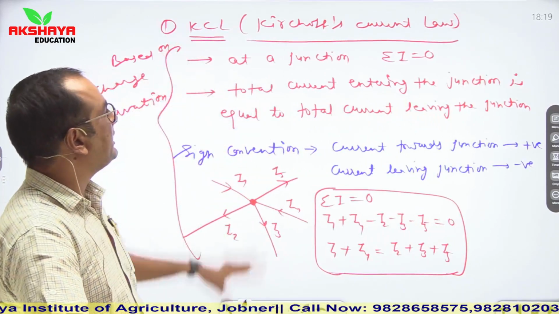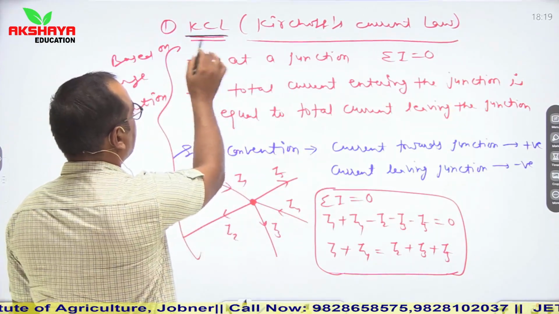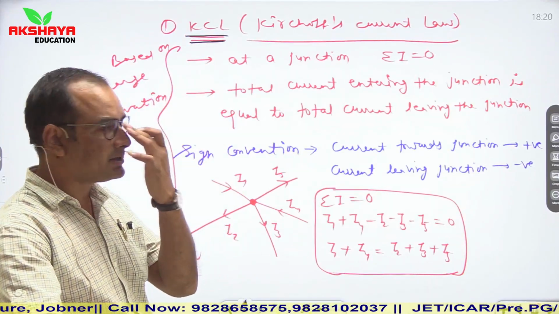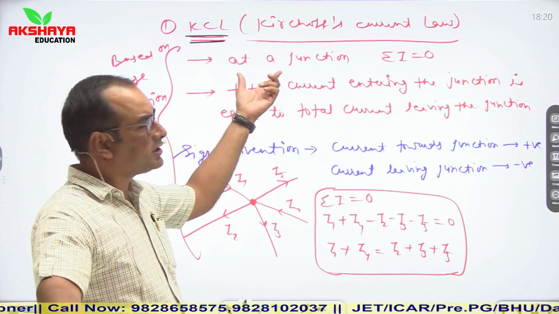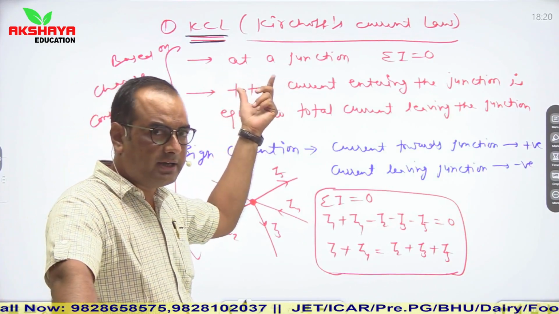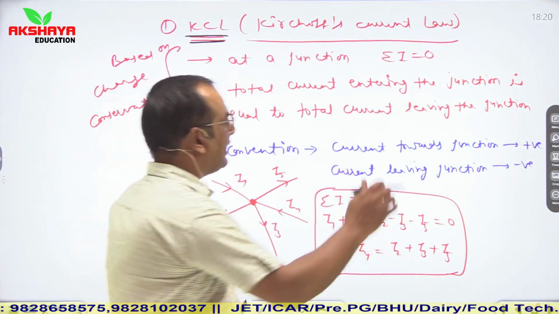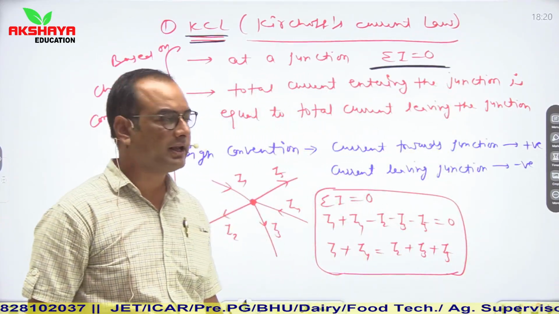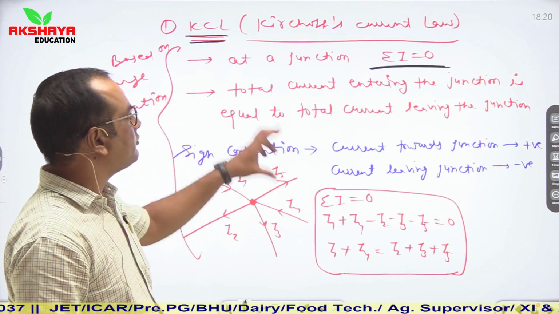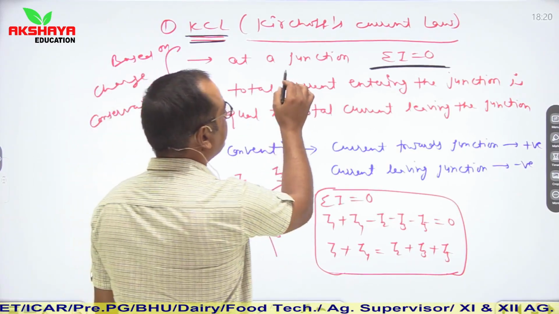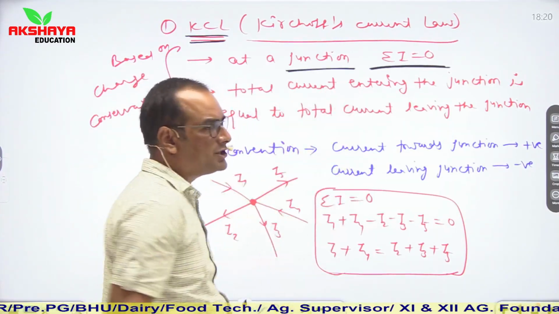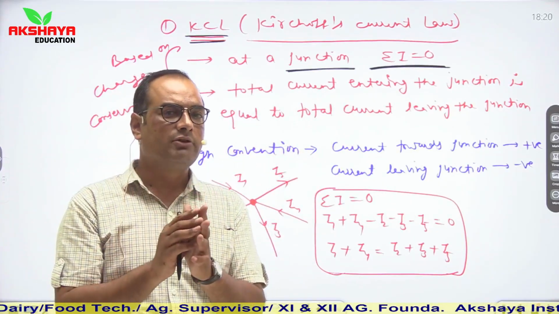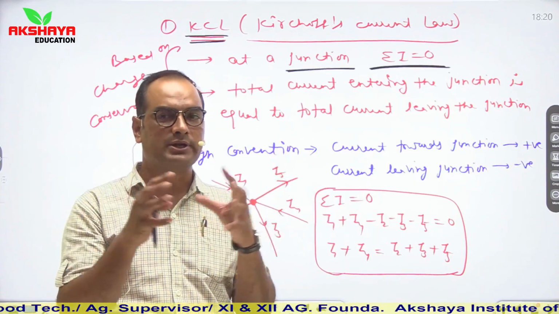First law, KCL, Kirchhoff current law. Kirchhoff current law states that at any junction of an electric circuit, the algebraic sum of current is always 0. First of all, you should know about this junction. What is a junction? A junction is a point situated in an electric circuit where 2 or more branches meet.